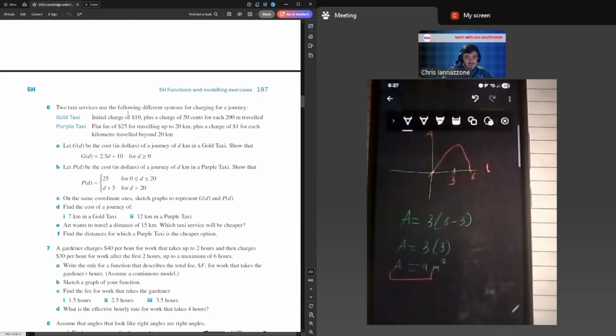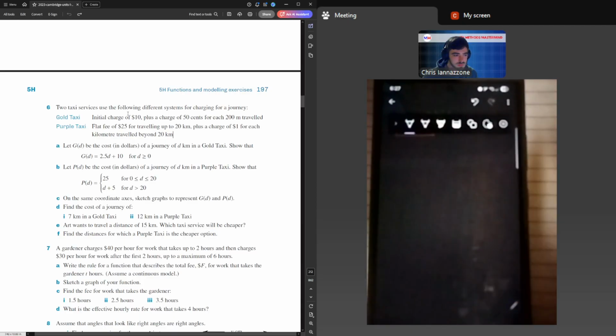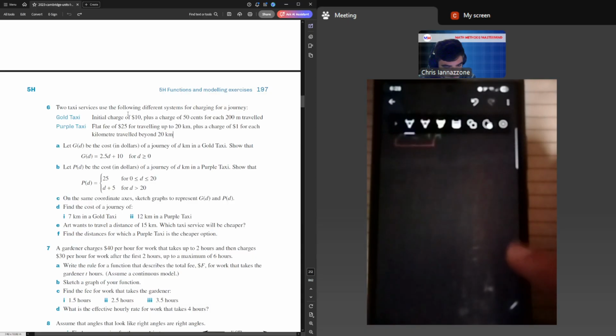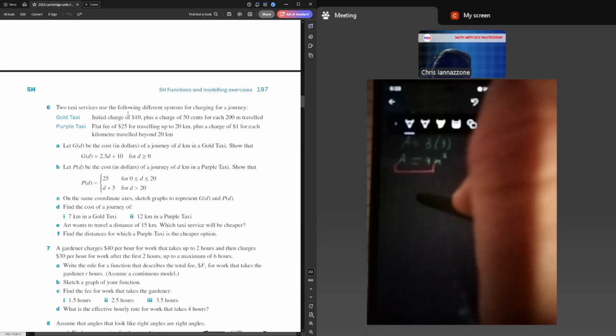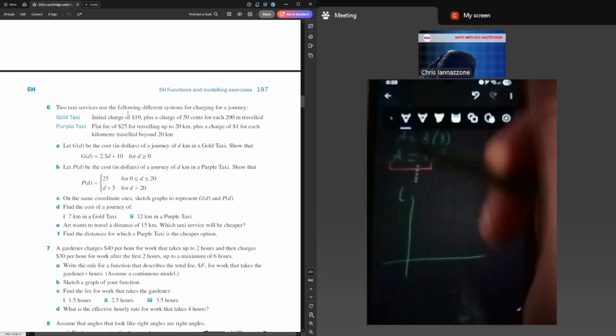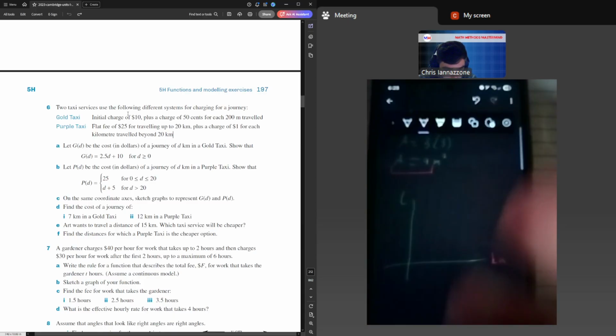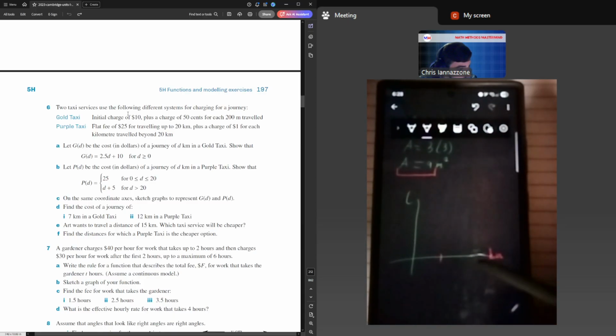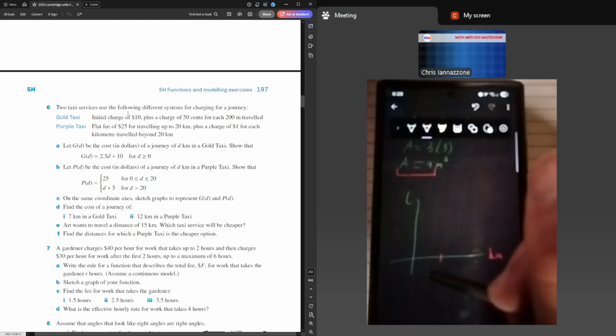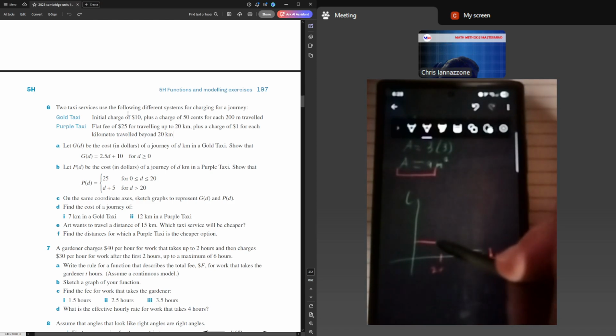So I'll even draw this one out actually, just to make it a bit clearer. If we think about what the axis would look like here, you're going to have cost on the y-axis and then kilometers on the x. Up until 20 kilometers, you have a fixed cost.